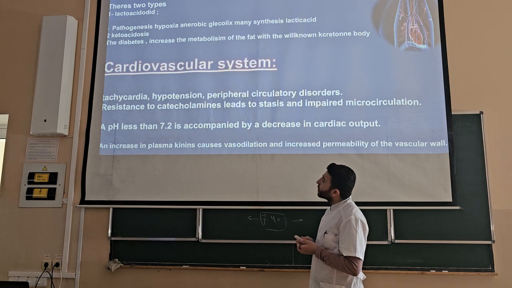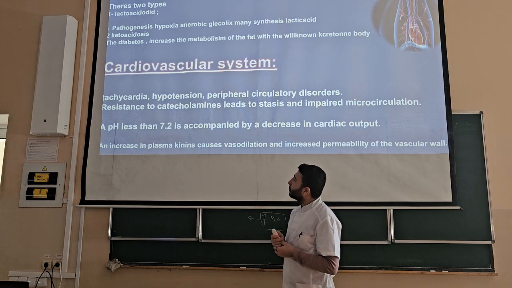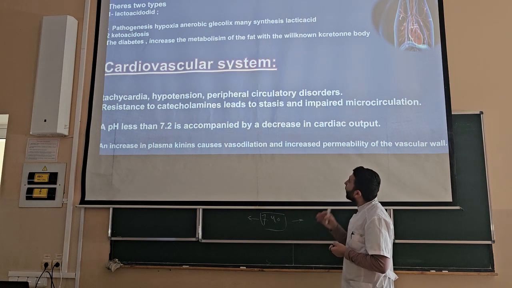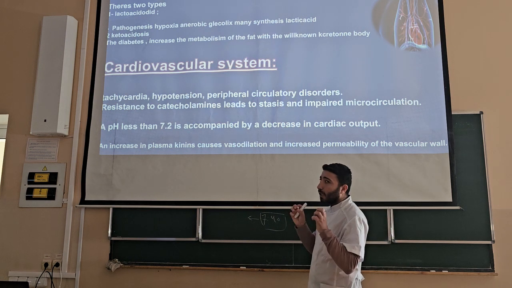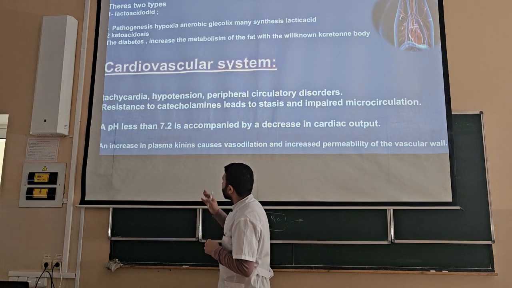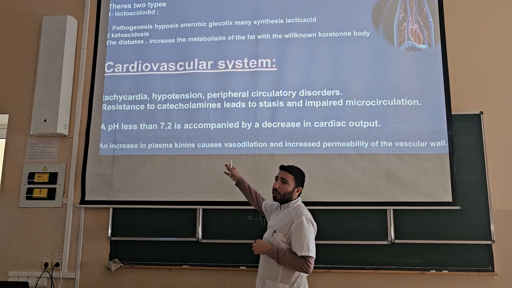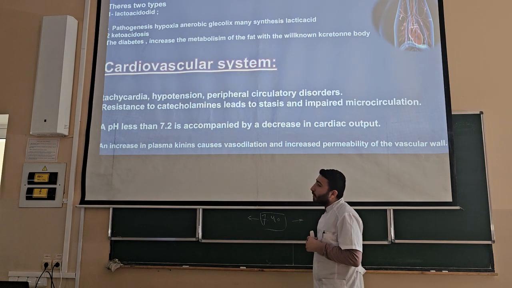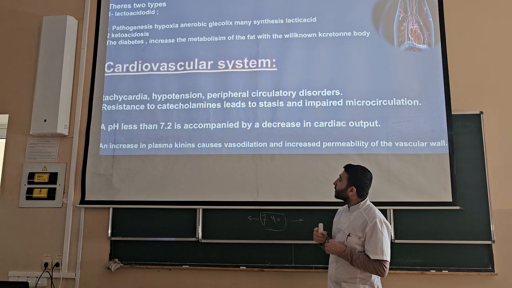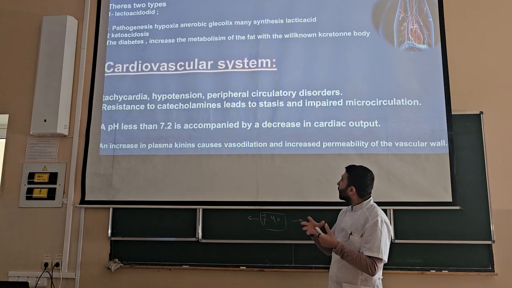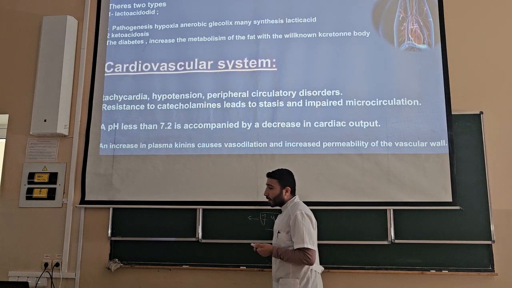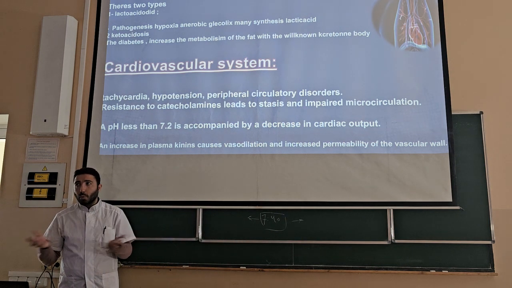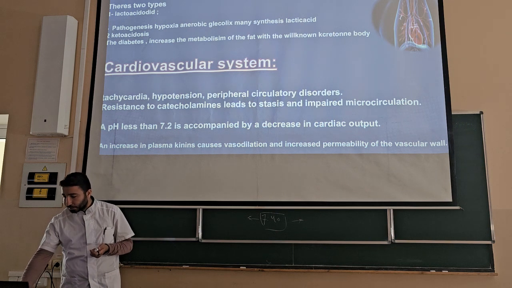As well, we will see the pH less than 7.2 accompanied by a decrease in cardiac output. So that's also one of the acidosis effects. And an increase in plasma kinins causes vasodilation and increased permeability of the vascular wall in the cardiovascular system.